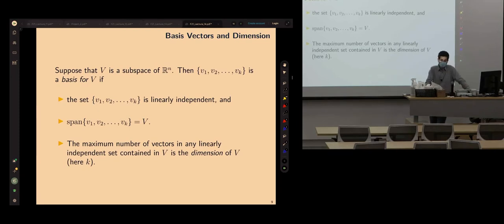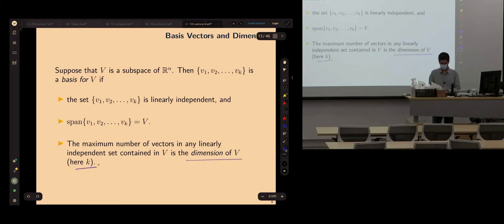Then, if we have such a set of vectors, linearly independent, and the span of them covers the entire subspace, then the maximum number of linearly independent vectors in such a set is called the dimension of V. Here it is K, because we said a set of vectors, they must be independent, so they are all independent, and we have K of them.